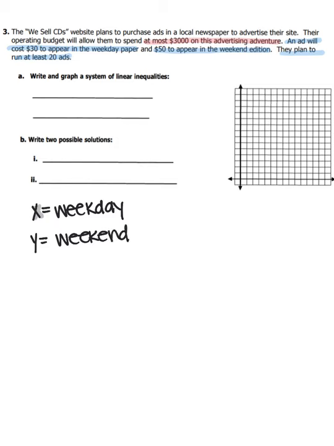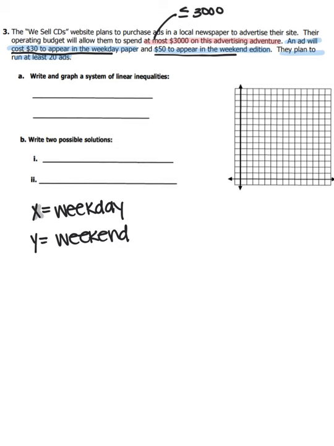All right, so what I highlighted in red is they want to spend at most $3,000. And what I highlighted in blue next is it costs $30 to appear in the weekday paper and $50 to appear in the weekend. But I want to spend at most $3,000, so that means I want to spend less than or equal to $3,000.